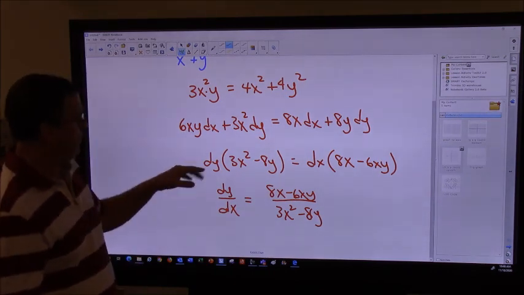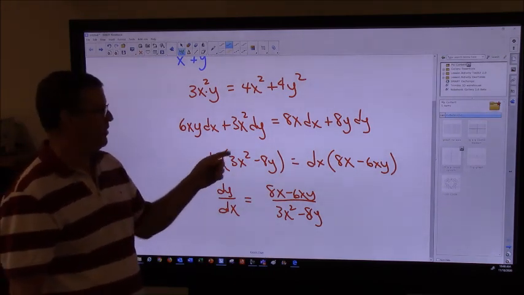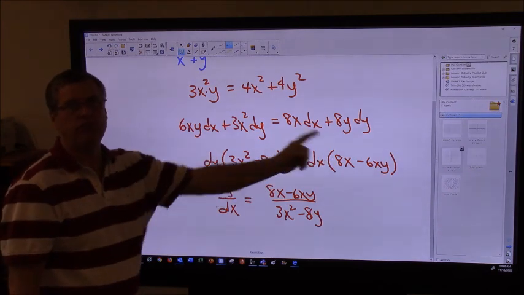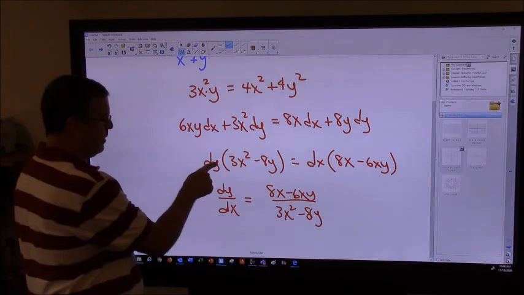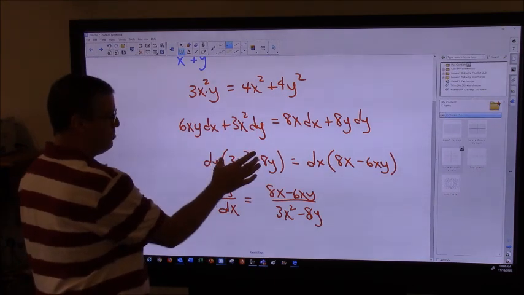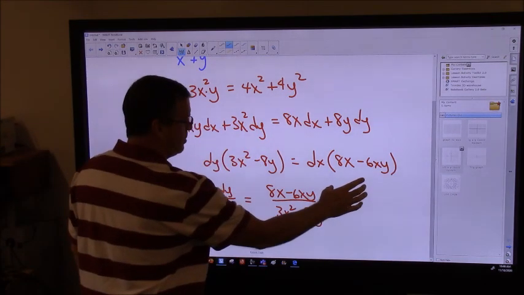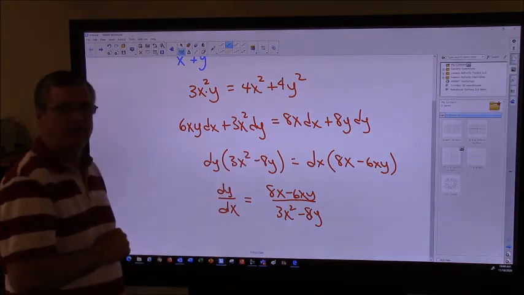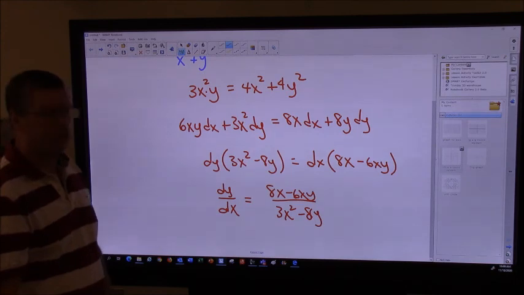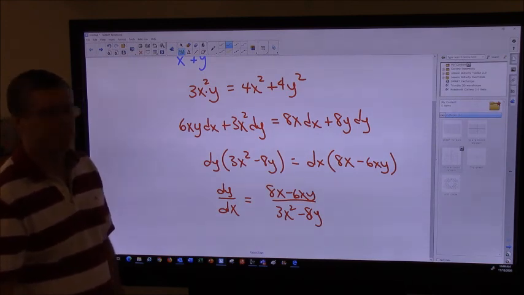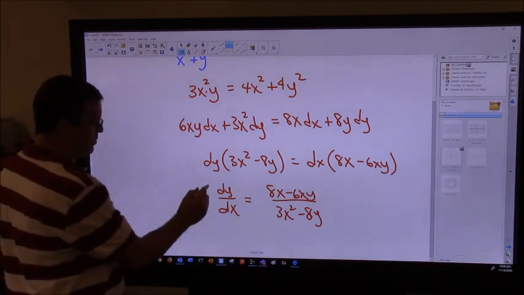They just go, well, when you do slope, it's the y stuff divided by the x stuff, so I'll just do this over this. And they don't really think about what they're doing. We're multiplying right here. I need to take this set of parentheses, move it to the other side, and do the opposite. I have to divide by this. Okay? Make sure we're thinking our way through instead of developing these shortcuts that really aren't correct. All right? There's my answer.